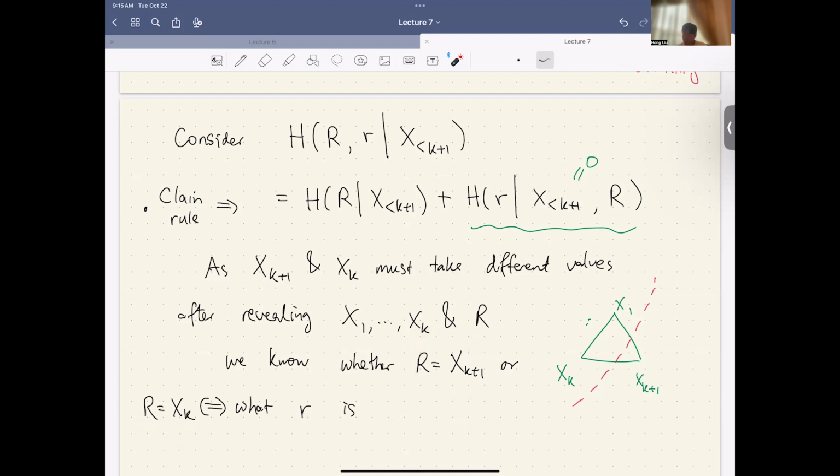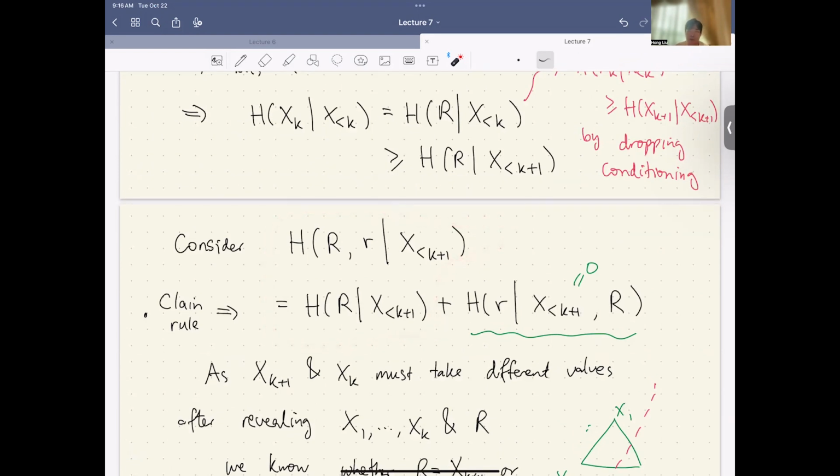In other words, the value little r, this random variable, is determined by x1 to xk and R. We proved this before. If one random variable is determined by the others, then the conditional entropy equals 0. Okay, so we can first write this in this way.